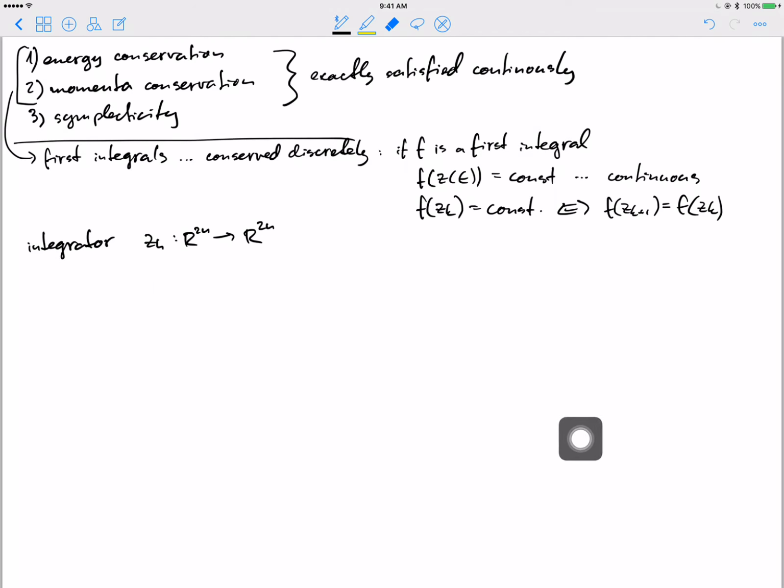Okay, so let me be really explicit and say this is a numerical integrator. That's a mapping. Okay, and we say that the numerical integrator is symplectic if this function Z_h is a symplectomorphism.